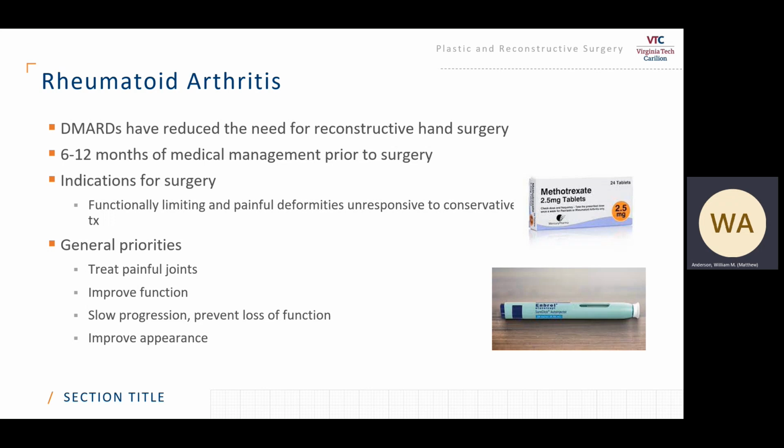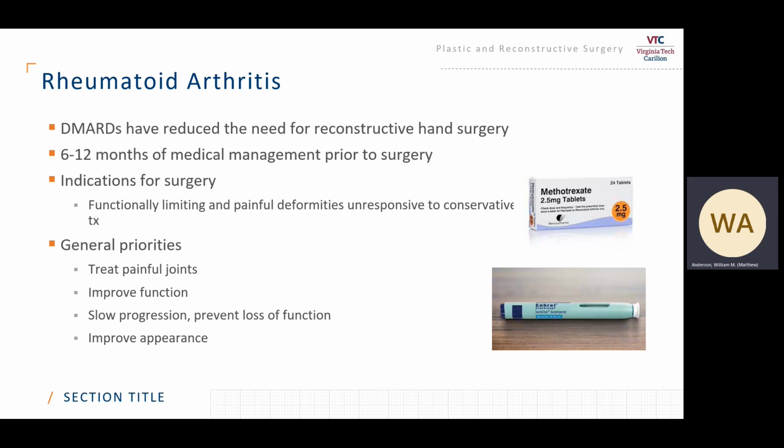The general priorities of hand surgery in rheumatoid arthritis: number one, treat painful joints. Number two, improve function. It's important to be sure that patients understand that the goal is not to restore function, at least their previous level of function, but improvements can be made.